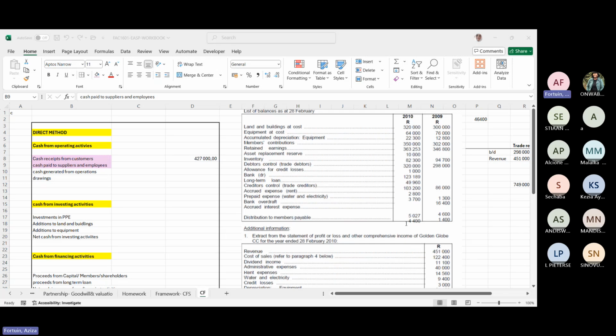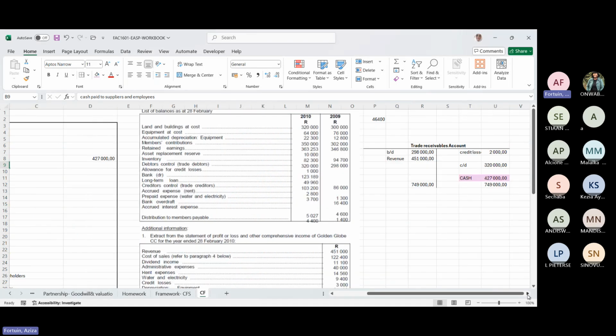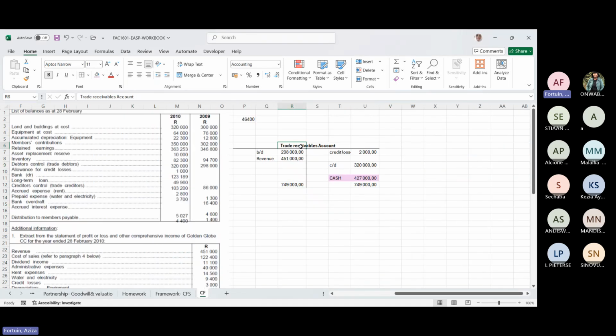How does the trade affect cash receipts from customers? Because when you make sales, right, in your trade receivables account, it's made up of revenue. And the revenue could be made up of cash sales and credit sales. Right? So the cash, they must pay it at some point.